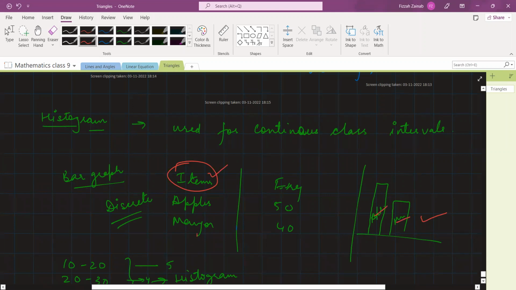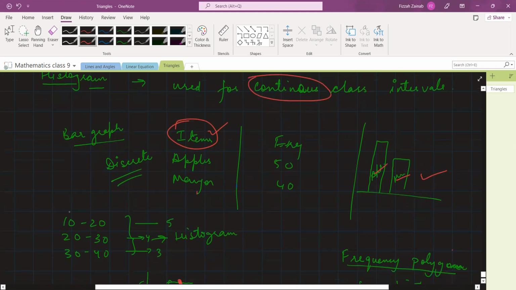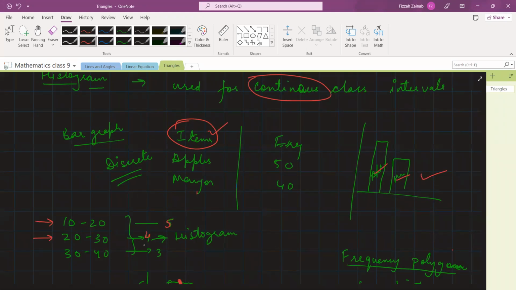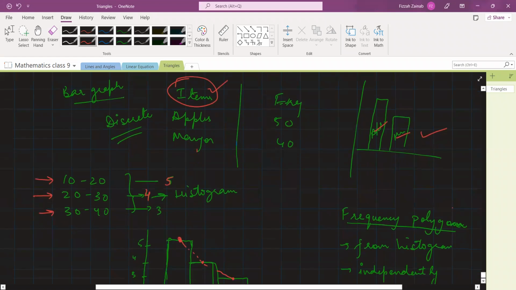Now, if your data is continuous data, as I've written, histogram is used for continuous class intervals. So if your data is like this, for example, you have a class interval 10 to 20 whose frequency is 5. See, this is just to explain you. We will do questions later on. Then the class interval 20 to 30, frequency 4, then 30 to 40 has a frequency 3. Is that clear? Yes, ma'am.